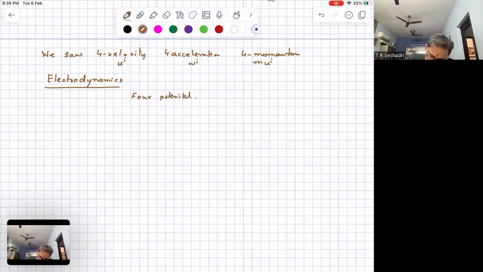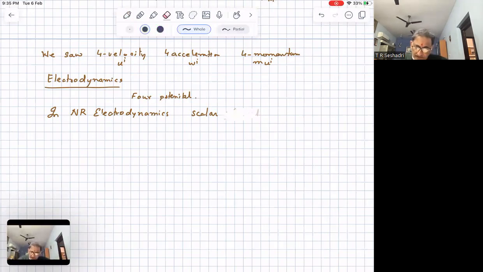Okay. We know that in non-relativistic electrodynamics, we have a scalar potential, and you call it scalar because in non-relativistic electrodynamics, we are considering transformations of three-dimensional space, namely rotation and translation.